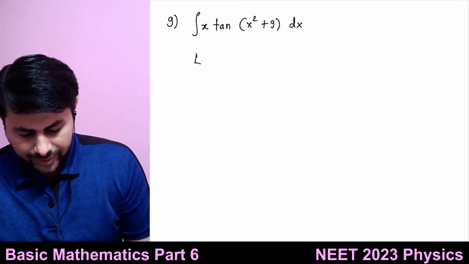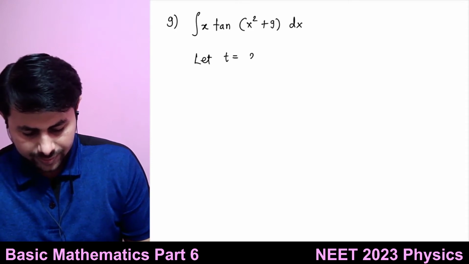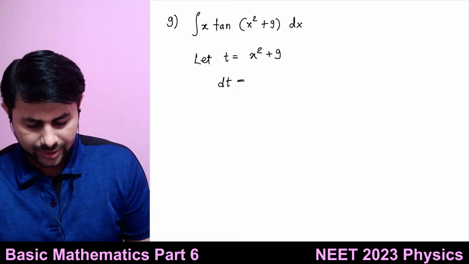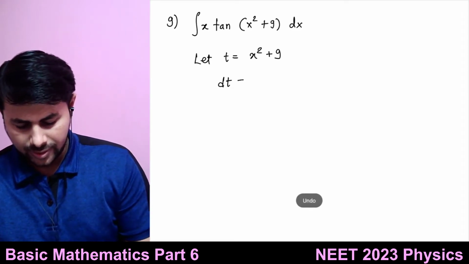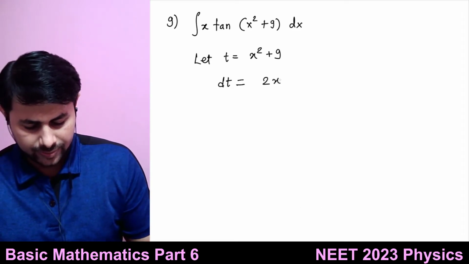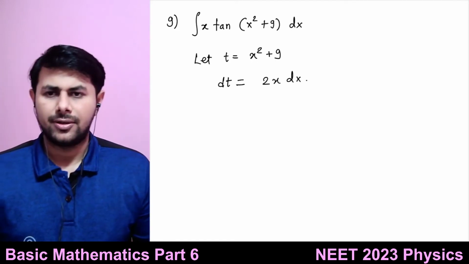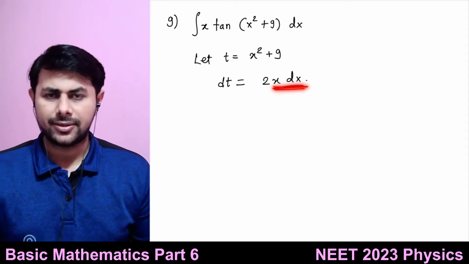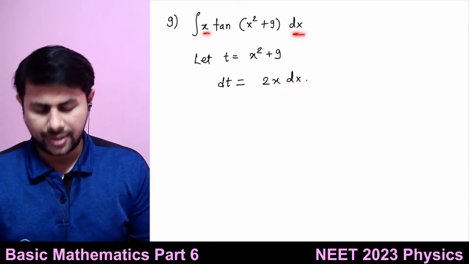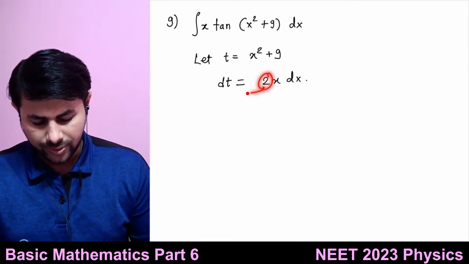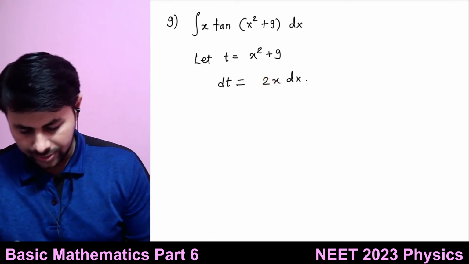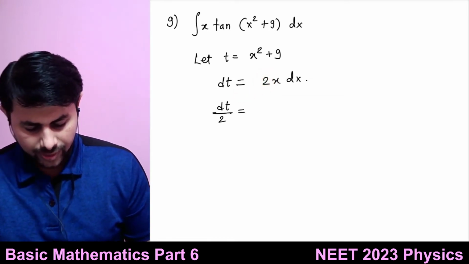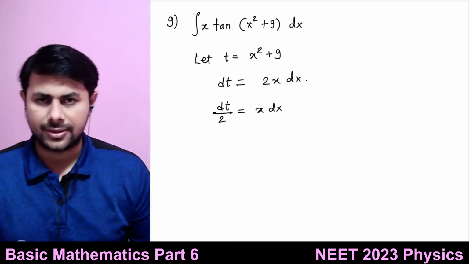So let t equals to x square plus 9. So I get dt equals to what? 2x dx. Right? And what do I have? I have x dx over here. So I can take this 2 on left hand side. So it goes into the denominator. So it is dt by 2 equals to x dx.